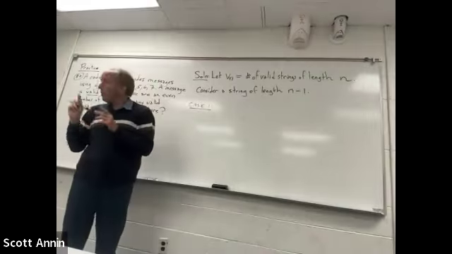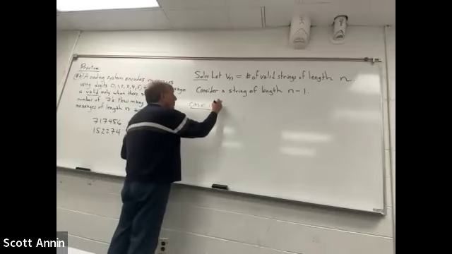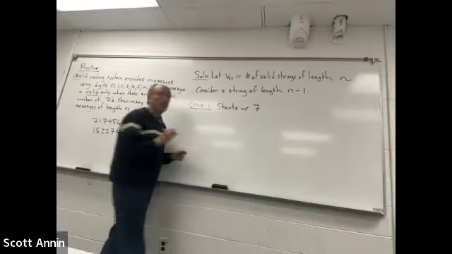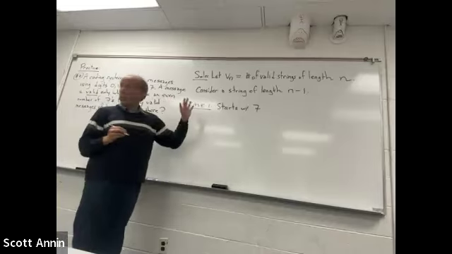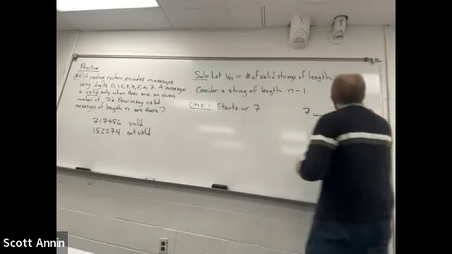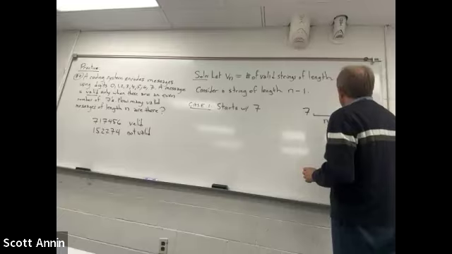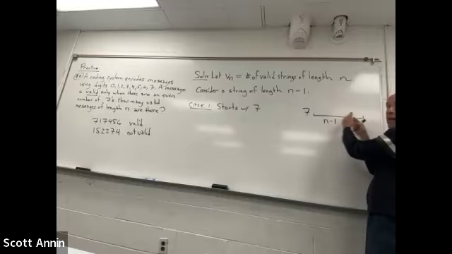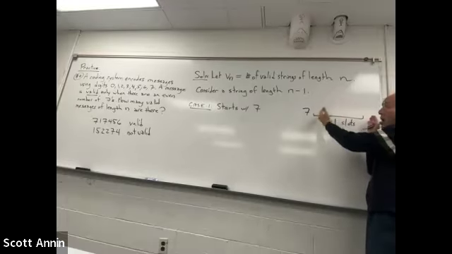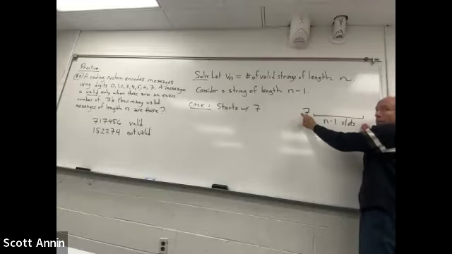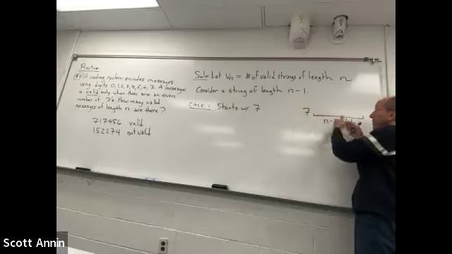So I claim that one of the cases would be starts with 7. Right. So you can have a string that starts with a 7, but if it starts with a 7, then here's my n-1 slots. And the key thing here is that what you need right now is an odd number of 7s in this part of the string, so that by the time you consider this extra one in the front, it becomes even.